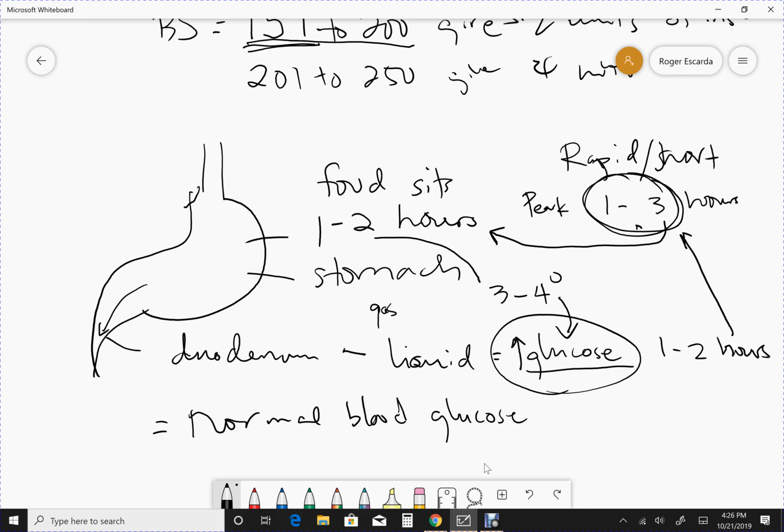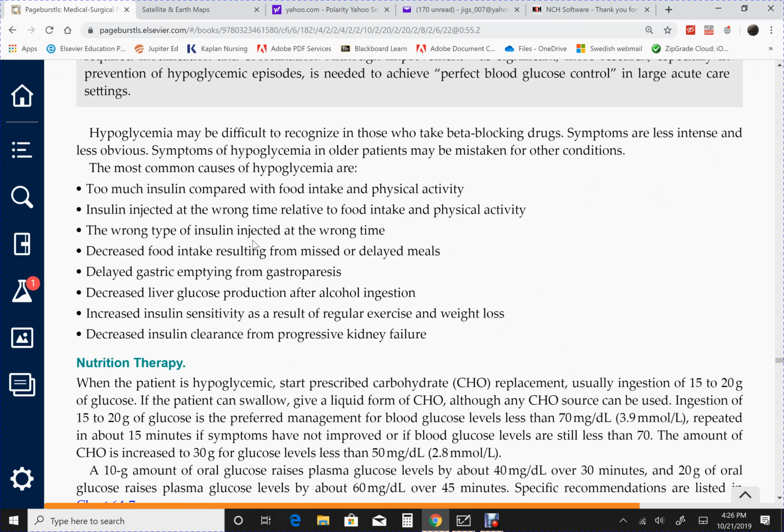The delayed gastric emptying means the rise in blood sugar is also delayed, which is incongruent with your insulin peak time. So the patient will not have high glucose by the time the insulin peaks. That's why this is one of the causes of hypoglycemia.